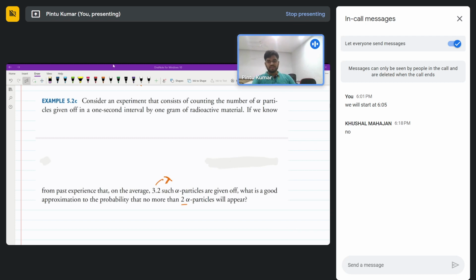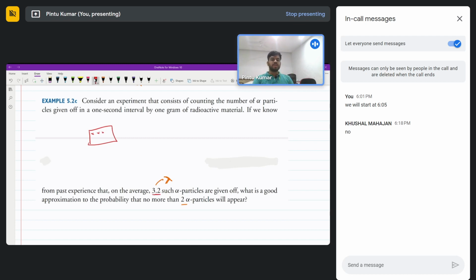So again, I'll just murmur something. I'm not telling you the answer. But in any radioactive material, you will have a very large number of atoms, right?